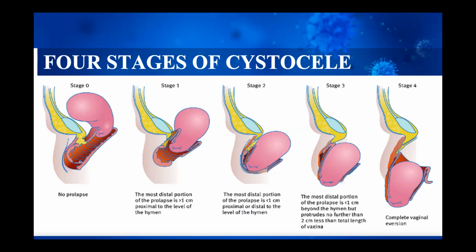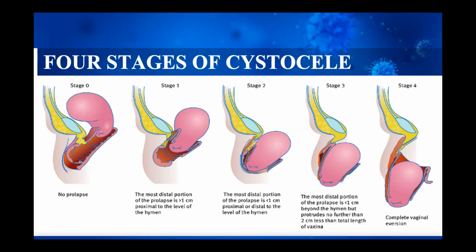So stage 1, how do I explain this? The distension just starts coming toward the vaginal opening, just a little bit. It's not even out yet. It's just starting down the canal. Stage 2, it's closer to the level of the hymen.